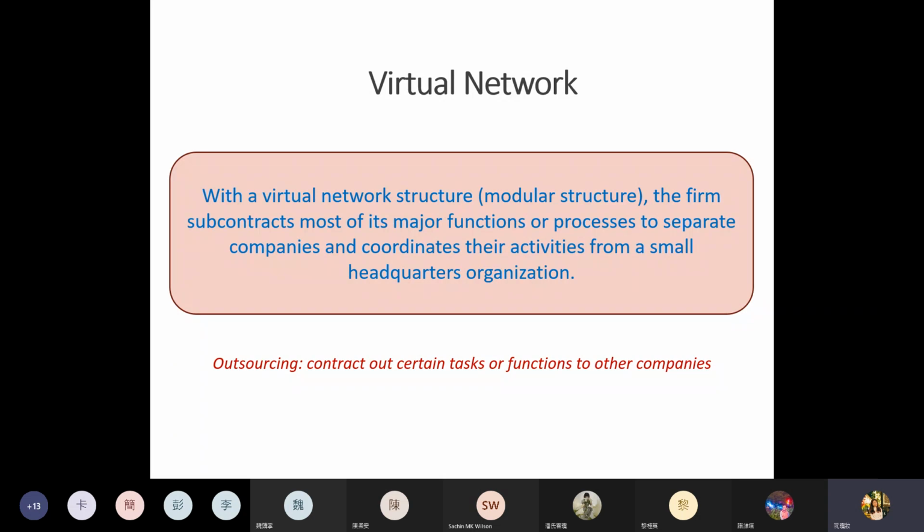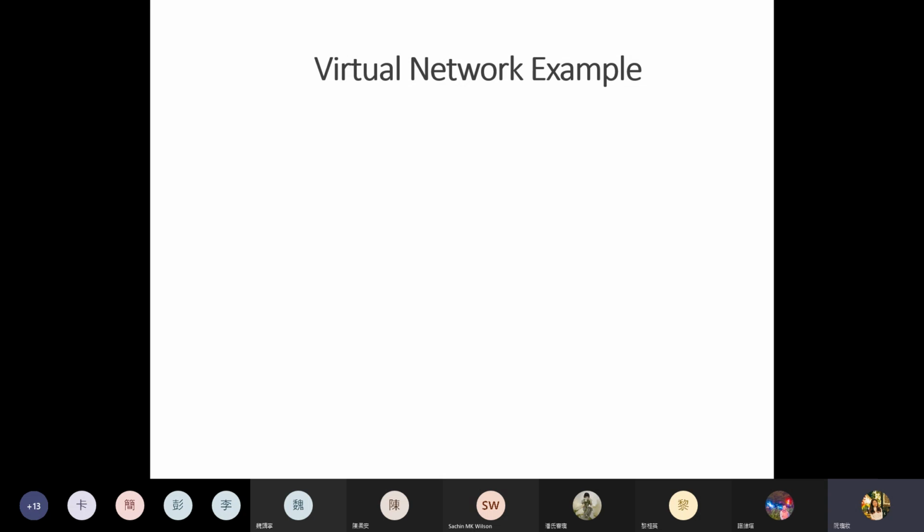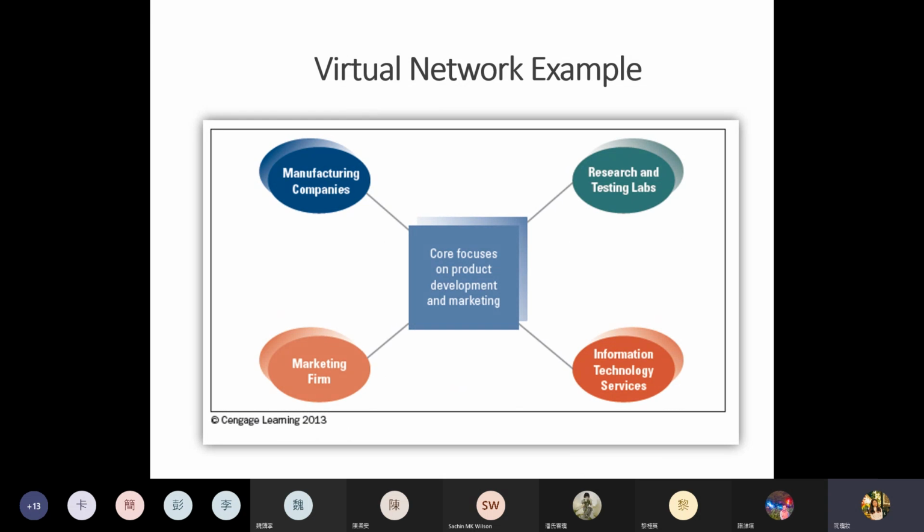So basically, when we say that an organization has a virtual network structure, it means the firm subcontracts most of its major functions and processes to separate companies, and they coordinate their activities from a small headquarters organization. So for example, you may outsource your manufacturing, your R&D, your IT service, and your marketing to different companies, and your own company only focuses on product development and some specific marketing tasks.